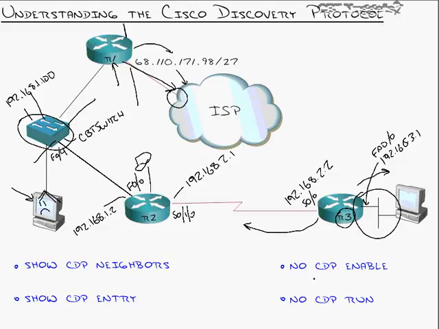So that's why CDP might be disabled. But in my opinion, the risk is far less than the reward, meaning that I would much rather run CDP on a network than not have it at all, because it is so beneficial to be able to see devices that you're directly plugged into.